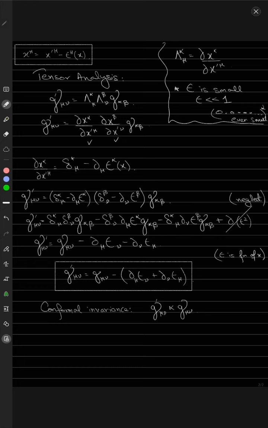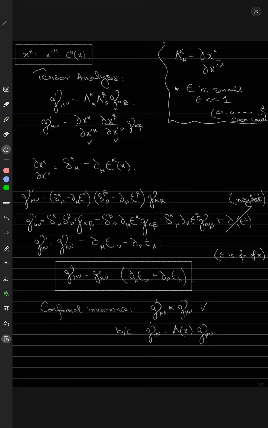Why, you ask? Well, of course, because we know of this transformation that when I transform my metric tensor, it is just some transformation matrix, which is a function of x, times the metric tensor. Because of this, this has to be true. Now, if that has to be true, then this entire thing that I have over here must be proportional to this metric tensor g mu nu.